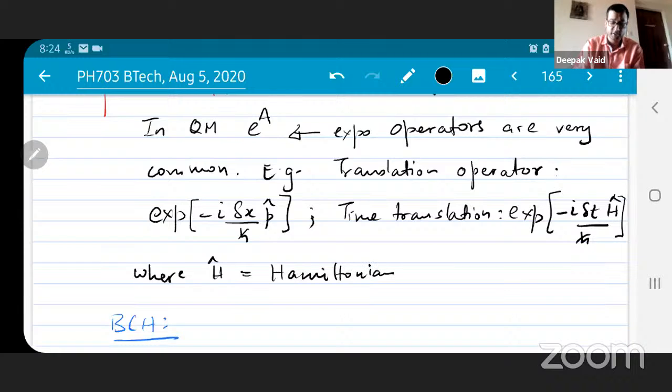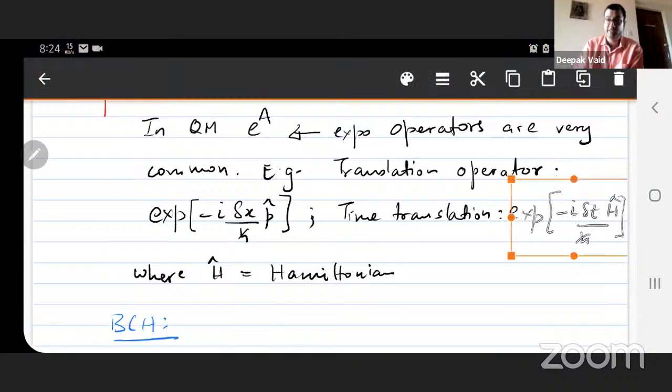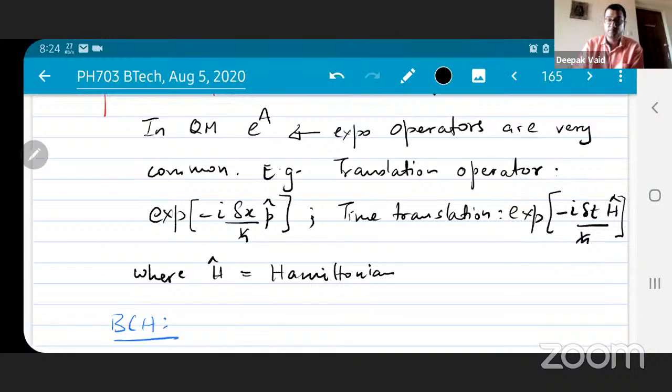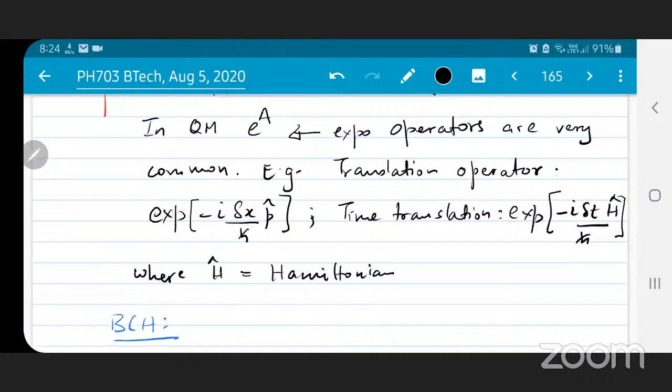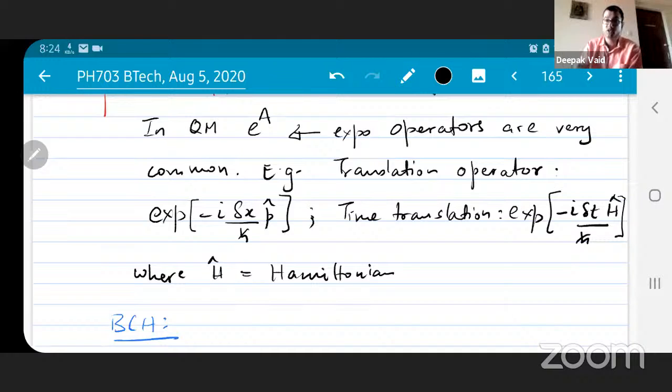We will show this later explicitly. Okay. So you can understand this expression, because you know that the Hamiltonian is responsible for the dynamics of the system, right? The Hamiltonian leads to time evolution, right? So what is time evolution? Time evolution means how the system moves through time.